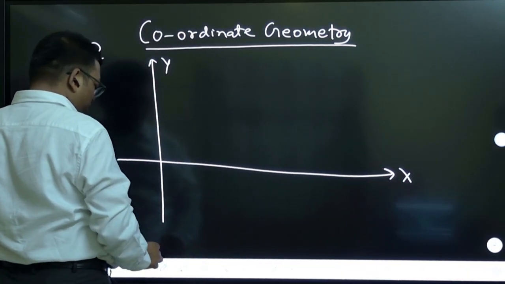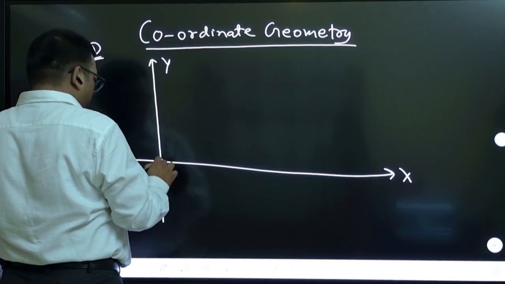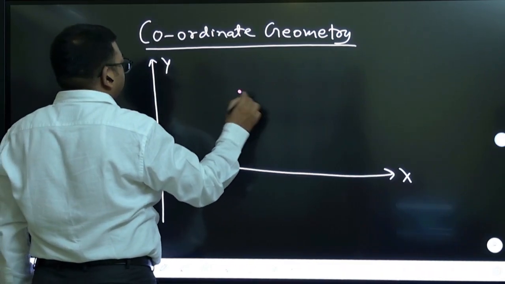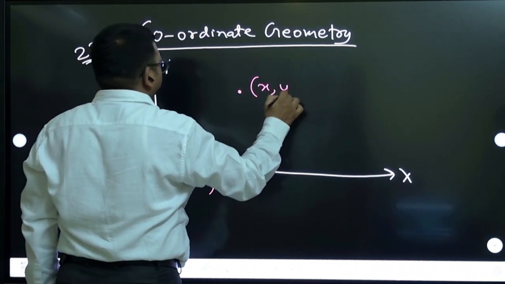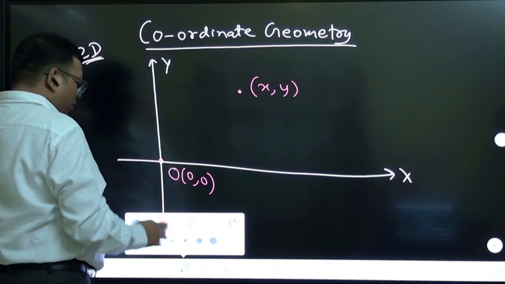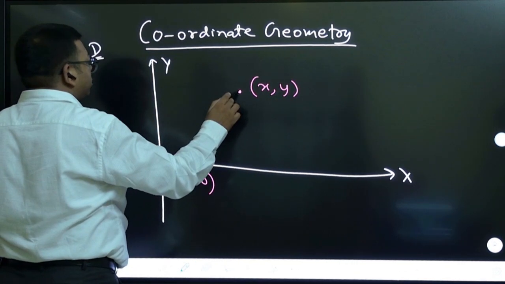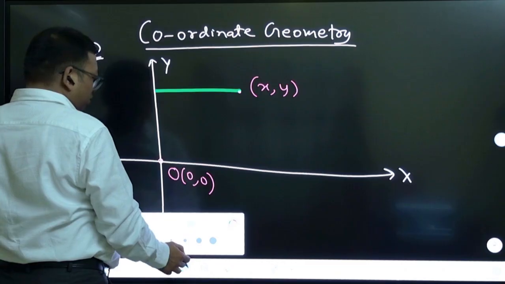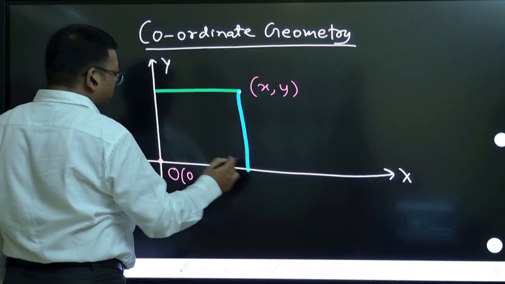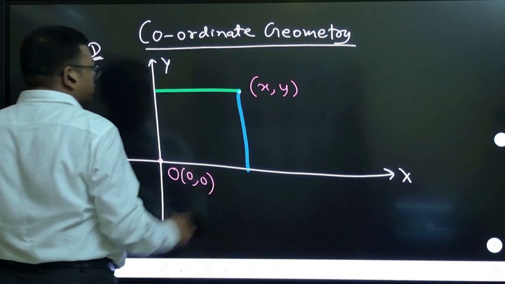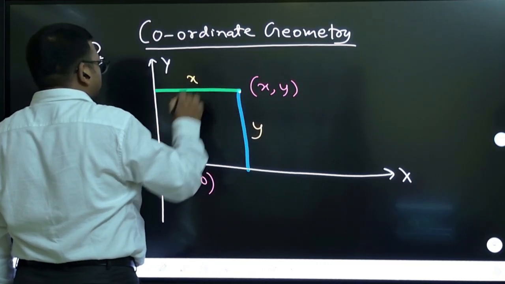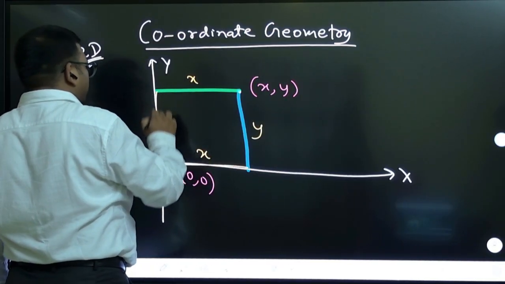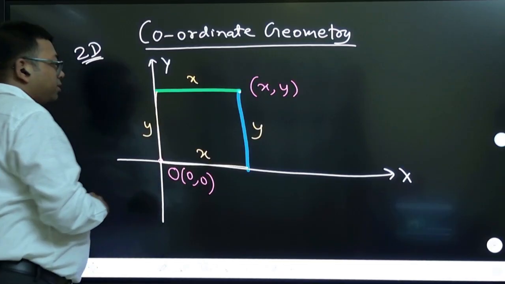There is an origin 0 comma 0, and any point can be represented by two values, x comma y. What is x? X is the distance of this point from the y axis. What is y? Y is the distance of this point from the x axis. So this is y and this is x.